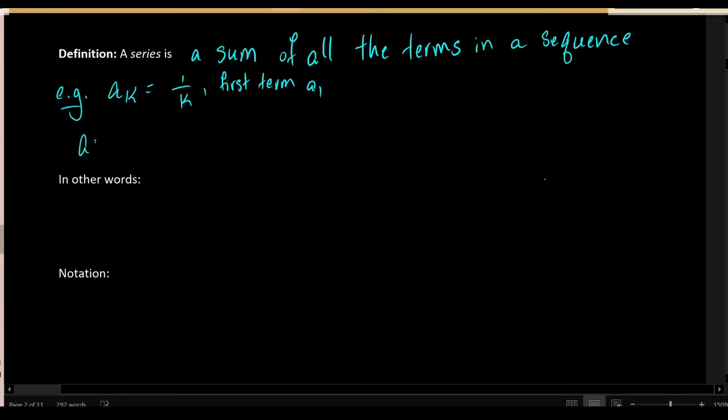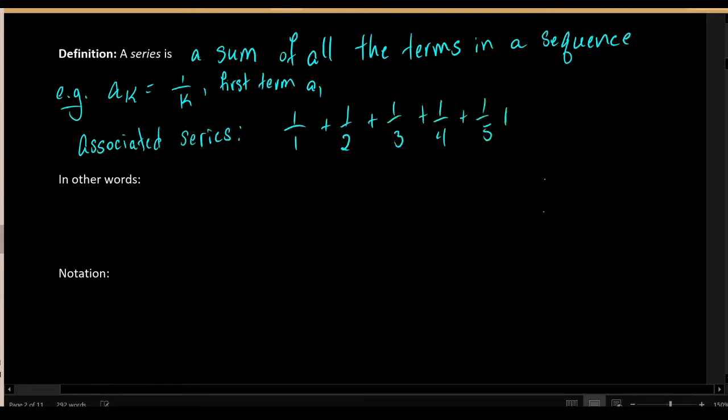Then the associated series would be the sum of all the terms in this sequence. So 1 over 1 would be the first term, and then I would add 1 over 2, add 1/3, add 1/4, and add 1/5, and so on and so forth, all the way to infinity.